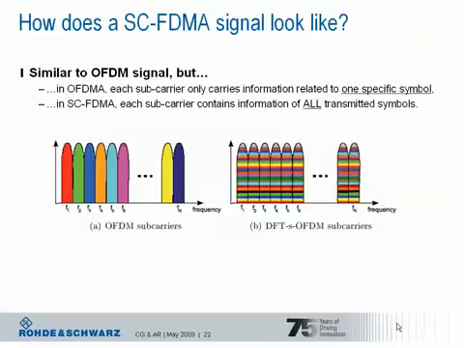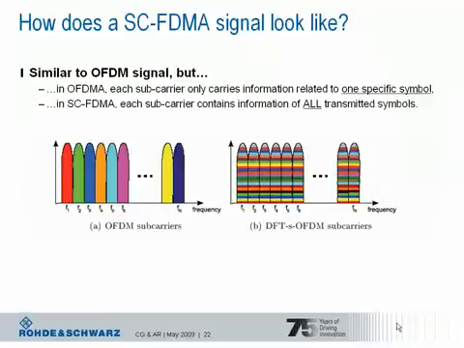This picture visualizes the things we just learned very well. When we compare classical OFDM used in the downlink and single carrier FDMA, or DFT spread OFDM, used for the uplink, then we can say that in OFDM each subcarrier carries only information related to one specific symbol. This is indicated by the color used for the subcarriers, as you can see on the left-hand side of the graph. In single carrier FDMA, each subcarrier now contains information of all transmitted symbols.